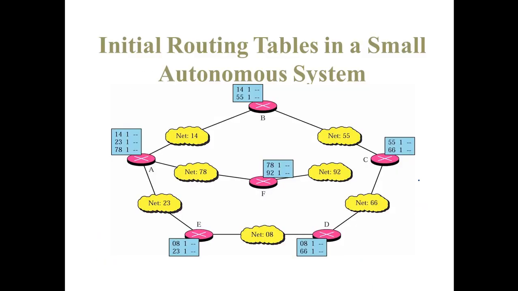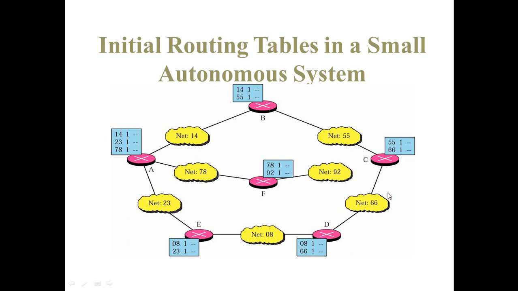This is the initial routing in a small autonomous system, AS. You see that all these, 14, 78 and 23, are the first entries for A. Similarly, B will add 14 and 55 at the very start. C will add 55 and 66 at the very start.